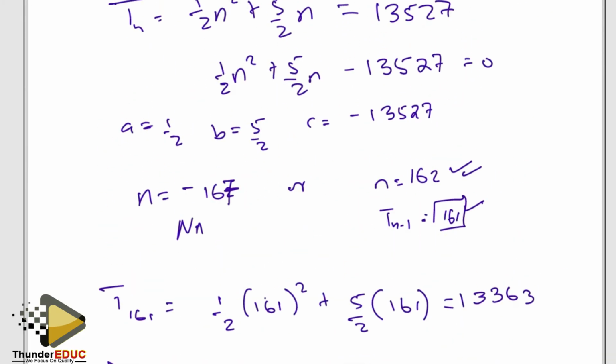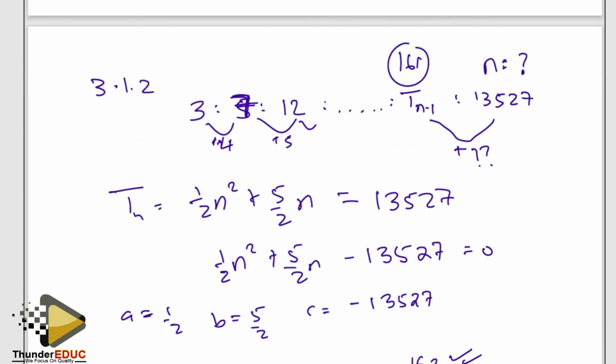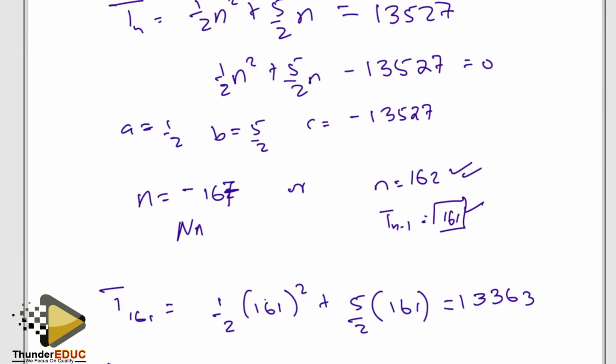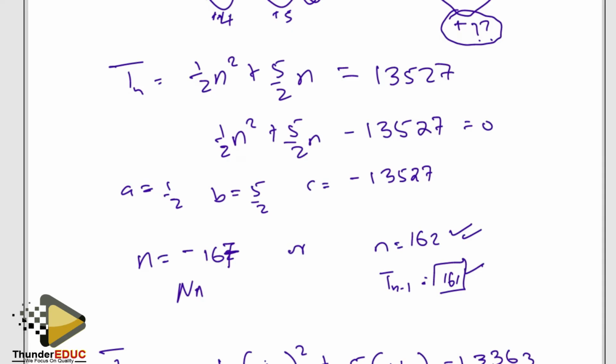There is a shorter way, and the shorter way is to use the arithmetic pattern. The first difference is if we can get this number straight away. So how do we go about that? It's of course going through this quadratic, and then you get your 162 as the option.